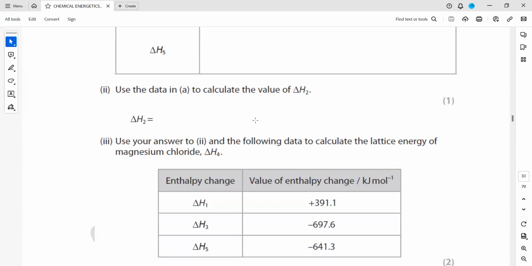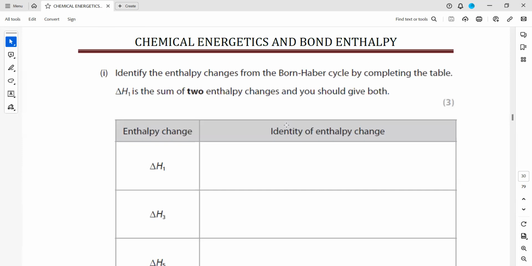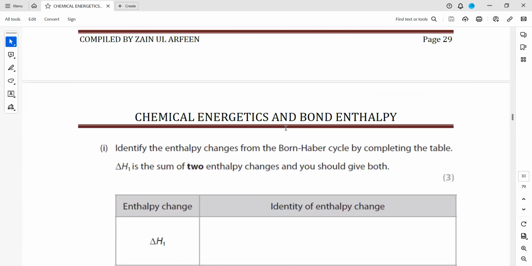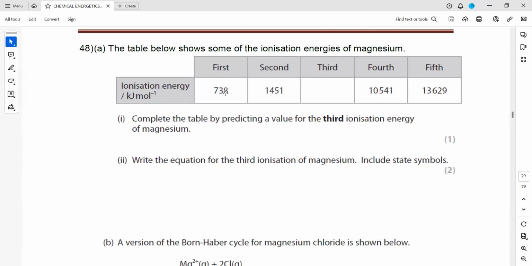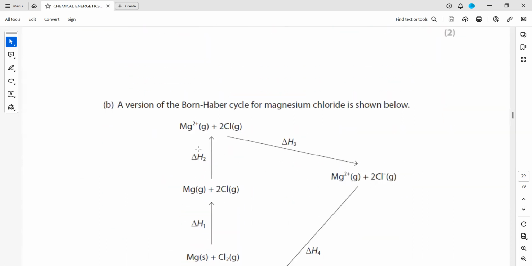So use the data, calculate the value of delta H2. How can we calculate the value of delta H2? As you can see, what is delta H2? Magnesium is producing two ions, like magnesium 2+ ion is produced.